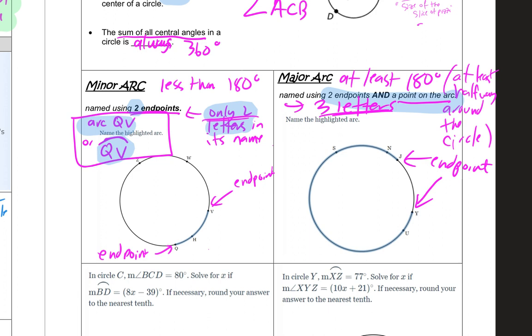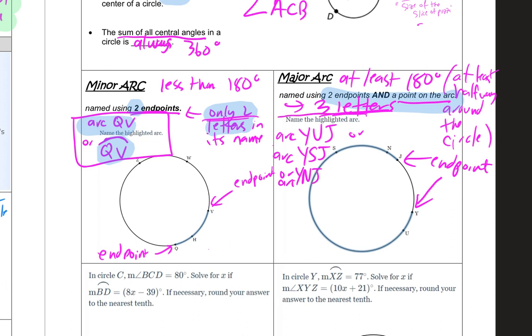So here's our answers. We could say arc YUJ, or arc YSJ, or arc YNJ.